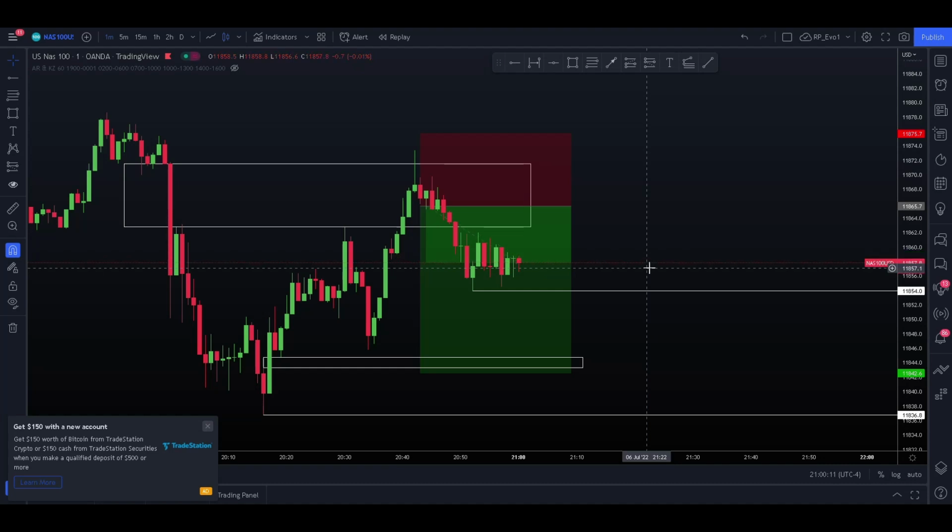Once price gets below these lows, I'm just going to move my stop to break even.